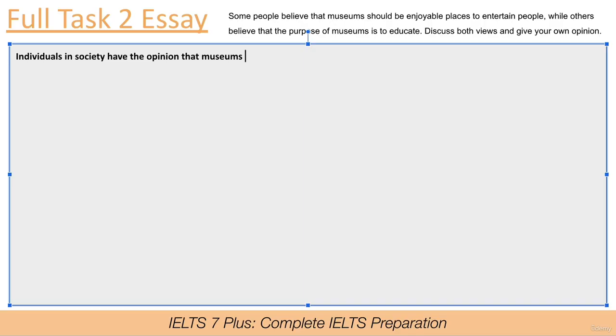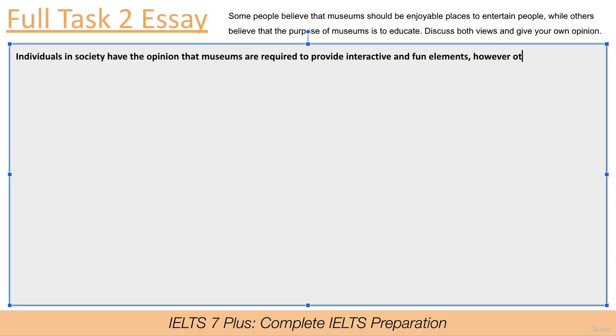That museums are required to provide entertainment. Oh, that's a tricky word to paraphrase. Museums are required to provide interactive and fun elements. Yeah, maybe we'll leave it at that. Interactive and fun elements, while others believe that the purpose of museums is to educate.